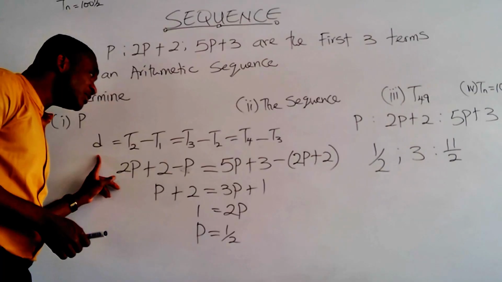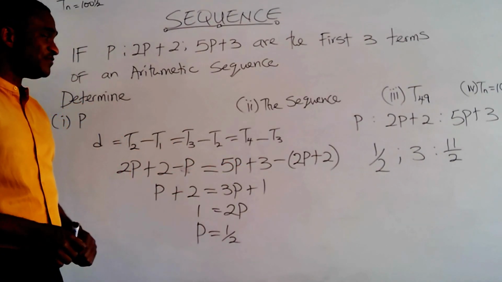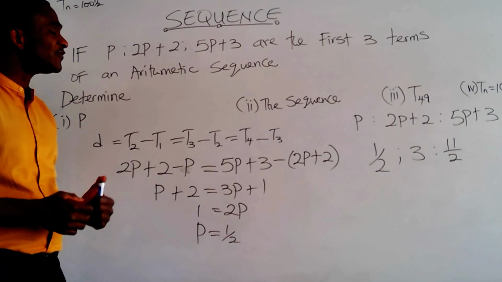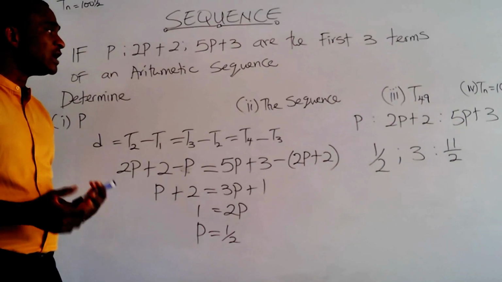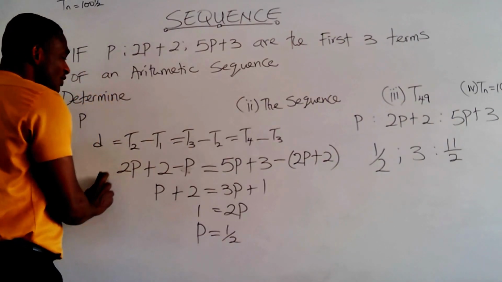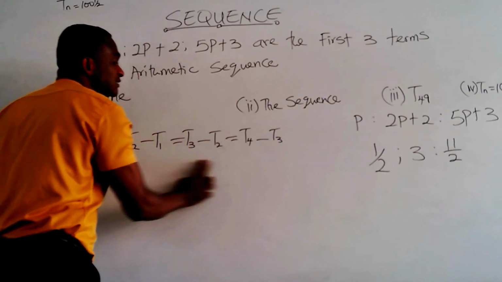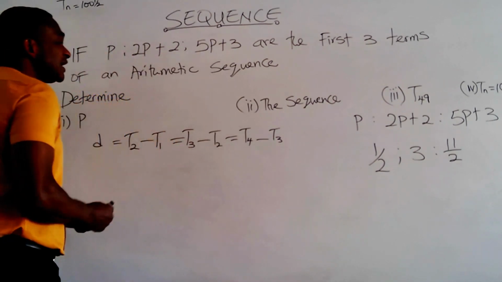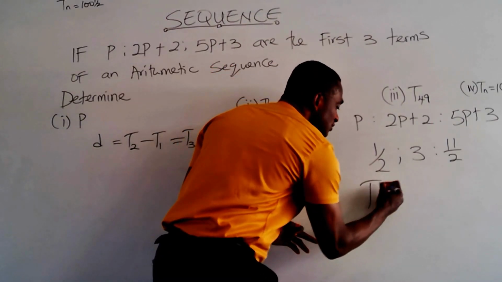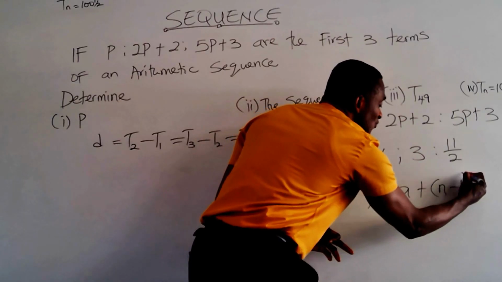Remember, this is not our common difference, but we used the common difference formula to get the value of p. Now the next question is asking us, if we've gotten p and the terms, what will be our 49th term of the sequence? Remember that the general formula for every linear or arithmetic number pattern is a plus (n minus 1) d.